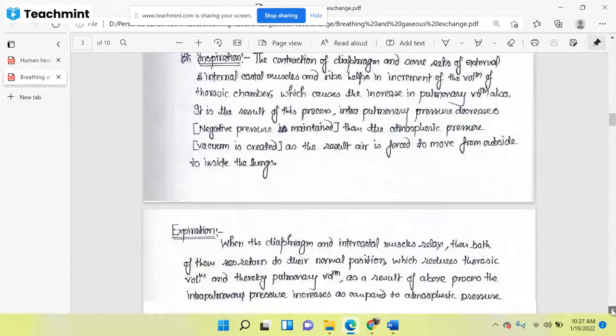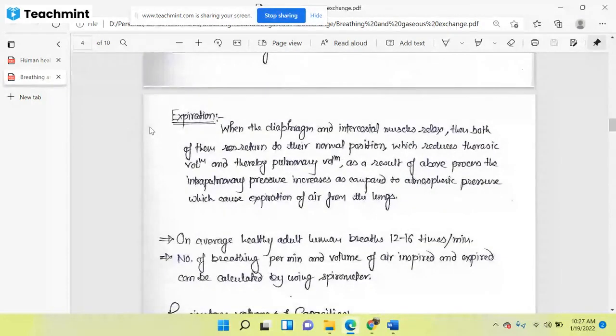Now what happens for the expiration process? The reverse process takes place. When the diaphragm and intercostal muscles relax, whatever changes have taken place in the inspiration process, the reverse will happen here. Previously, the diaphragm muscles were contracted. Now the diaphragm muscles will become relaxed.